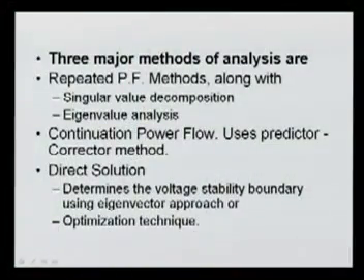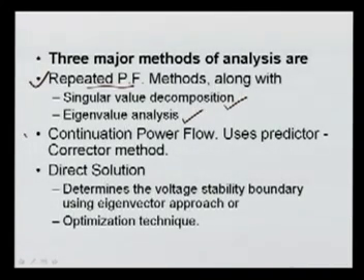The major methods for analysis of voltage stability or instability: the first one is repeated power flow, that is repeated load flow, along with singular value decomposition, and another method is eigenvalue analysis.